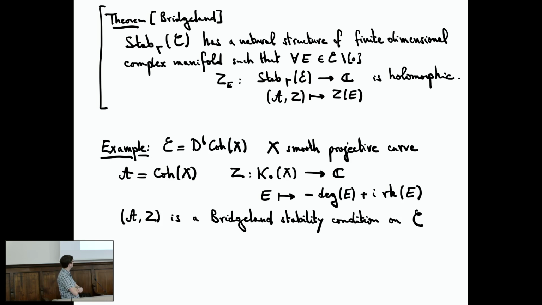First of all, the rank of a sheaf is always non-negative, so it's always greater than or equal to 0, which looks like the upper half plane. The only thing you need to worry about is whether it could be on the positive real axis. If you're on the real axis, it means the rank is 0.